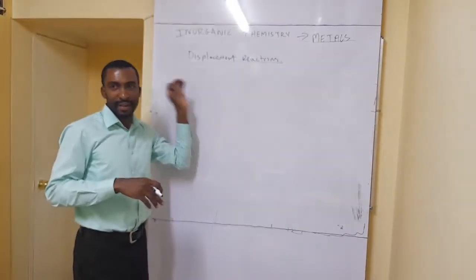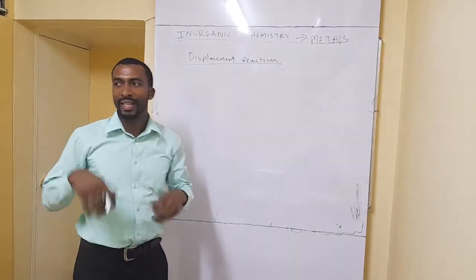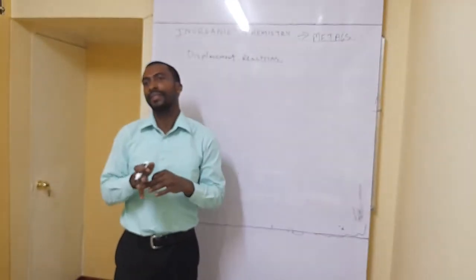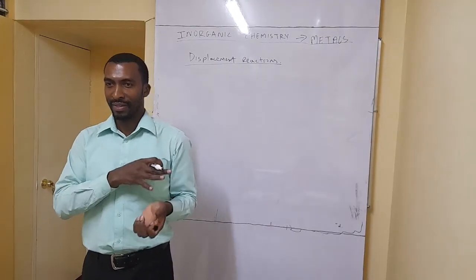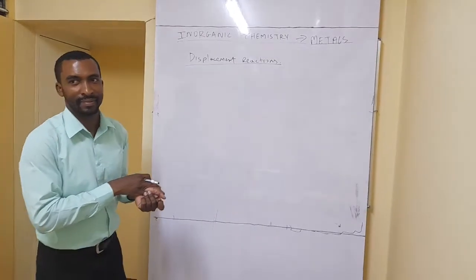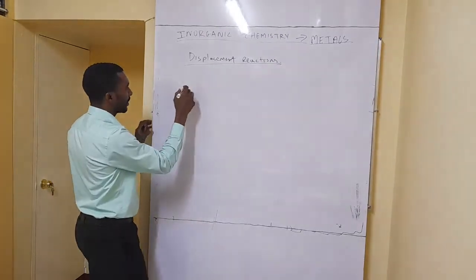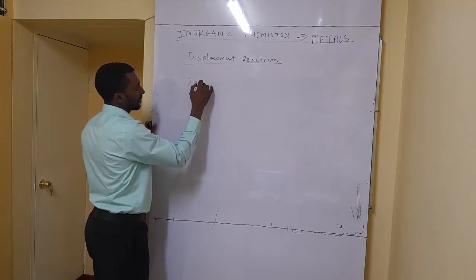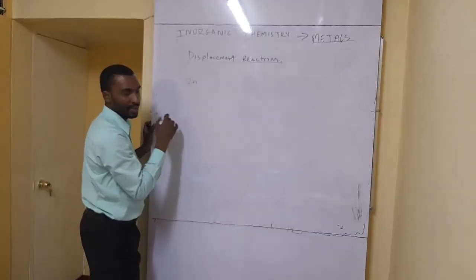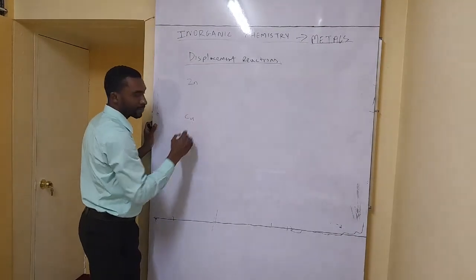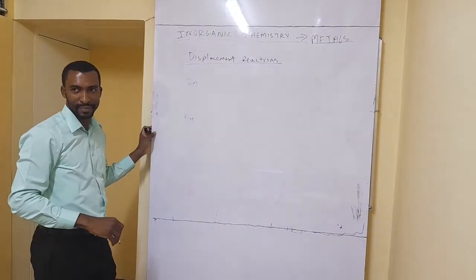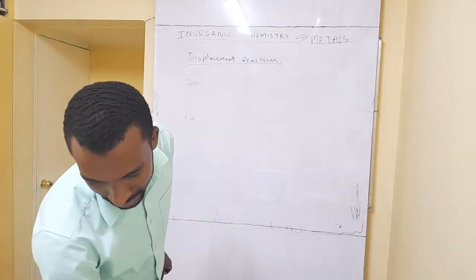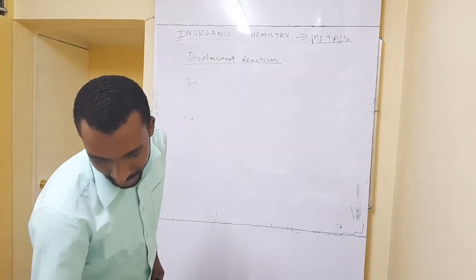Normally, a metal that is higher in the reactivity series will displace another metal from its compound in solution. For example, look at zinc. Zinc is higher than copper. You check the series, so zinc is higher than, say, copper or silver.